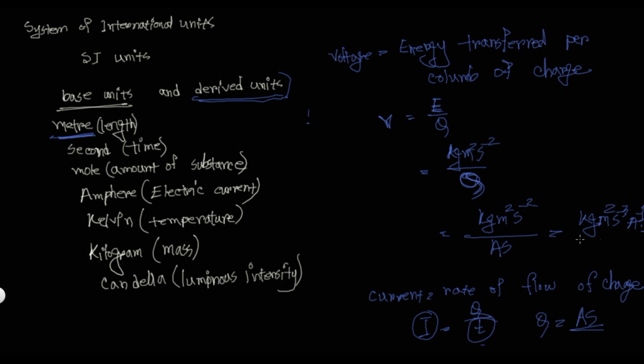In fact, this is the SI base units for volts. If you want to find the base units for derived units, you need to know the definition. You can rearrange the equation and put just the units to help you find the base units. So keep practicing.